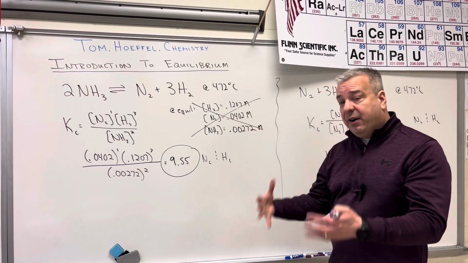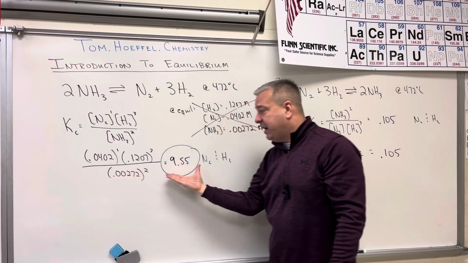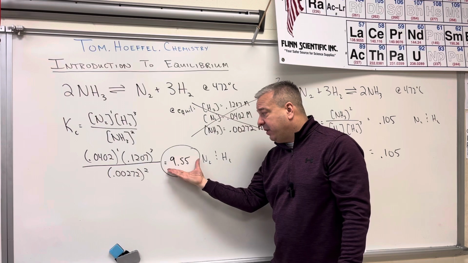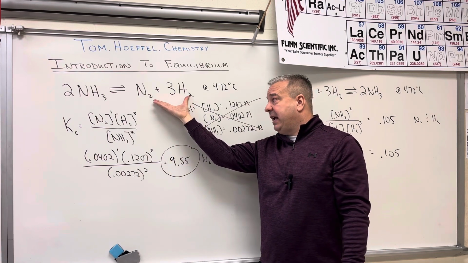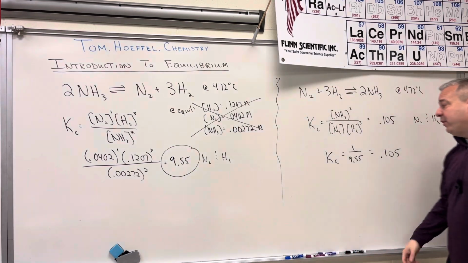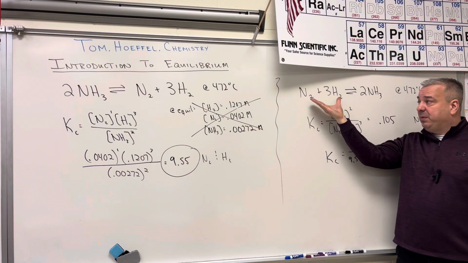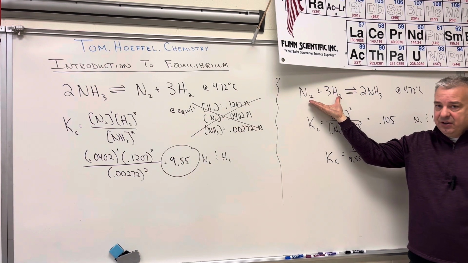And therefore, after you plug these numbers into your equilibrium expression, can you evaluate this number? If the number is large, it means it favors the products, in this case, N2 and H2. For the reverse reaction, if the number is small, it's going to favor the reactants, which is still the N2 and the H2.